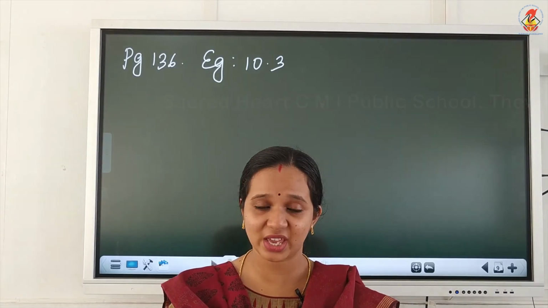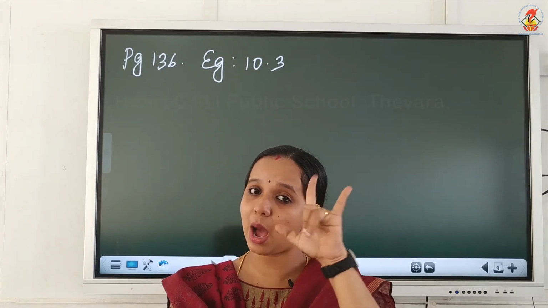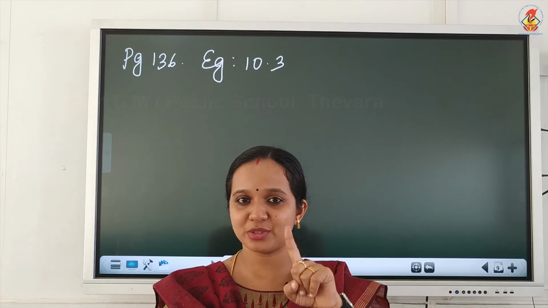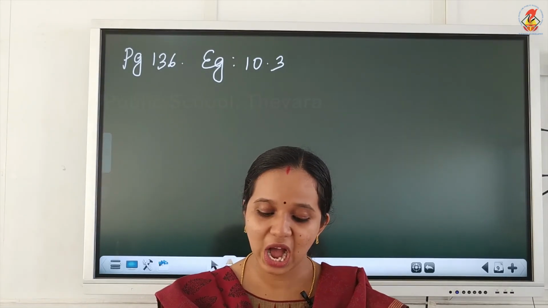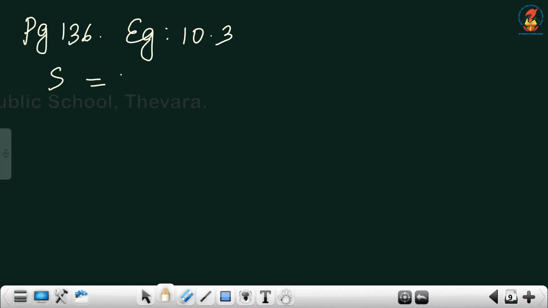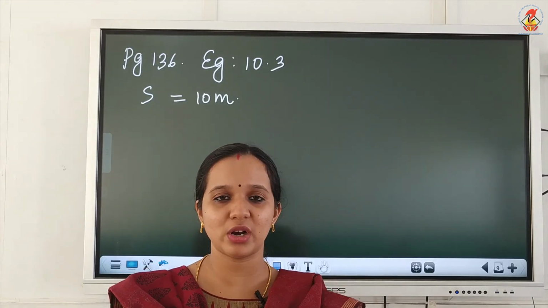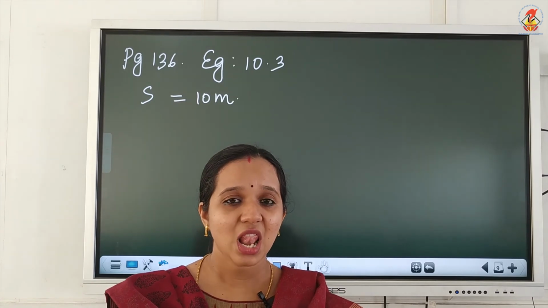In this case, the object is thrown vertically upwards. It is moving upwards to a height of 10 meters. So, height is given as 10 meter. When an object moves upwards, its velocity will decrease.